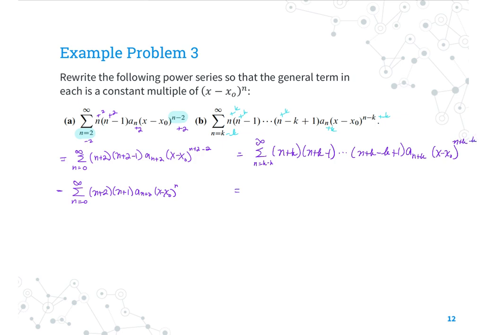And when we simplify all that down, we find out that we have a sum from n equals 0 to infinity of n plus k times n plus k minus 1 times all the way out to n plus 1, a sub n plus k times x minus x naught to the n.